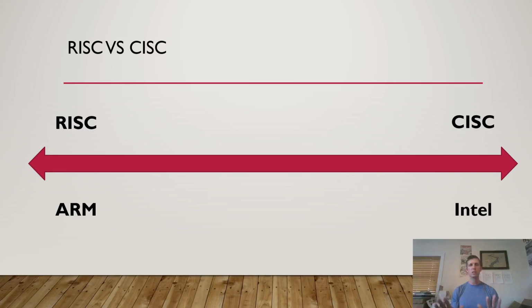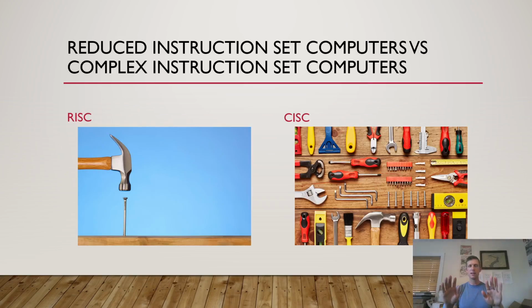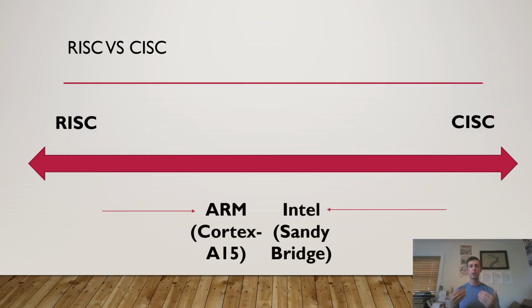But one thing I want you to take away from this discussion of RISC versus CISC is that it's a bit of a false dichotomy. It's useful to say certain things are RISC style or CISC style, but there's hardly any computer that's pure RISC or pure CISC. In fact, if you look at some of the more modern chips from these two manufacturers, the Cortex A15 is a chip that was released in 2010 from ARM. Sandy Bridge is one of the more recent Intel chips.